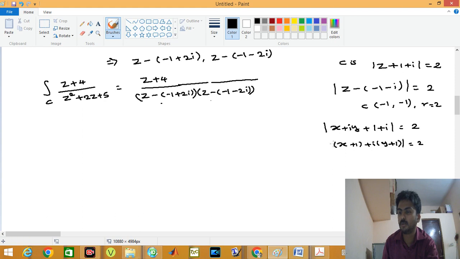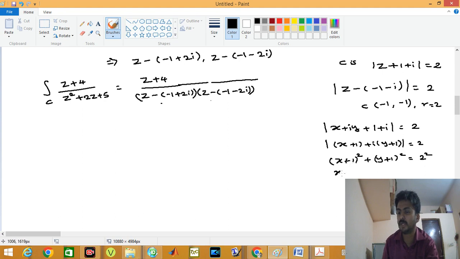Modulus of x plus iy means the square root of x square plus y square equal to r. On squaring both sides we get (x plus 1) the whole square plus (y plus 1) the whole square equal to 2 square, which is the equation of a circle.